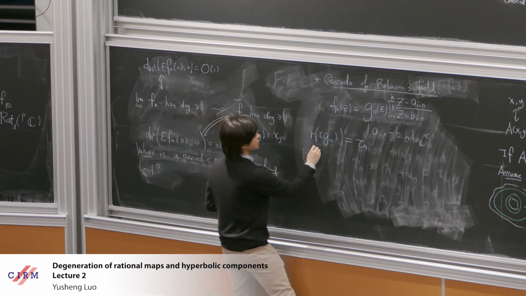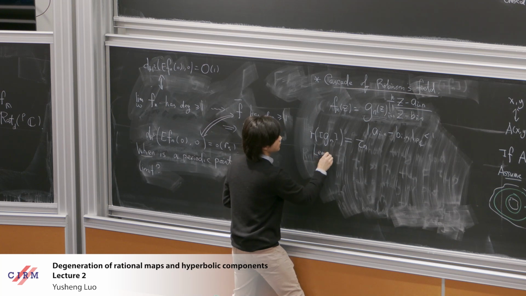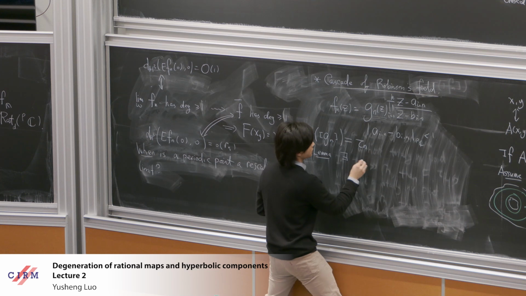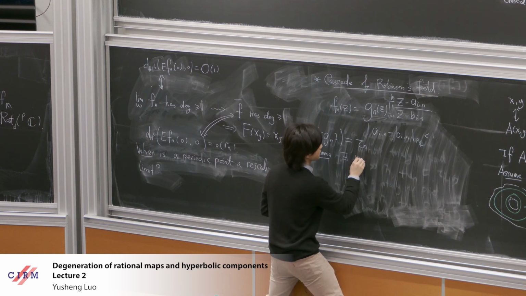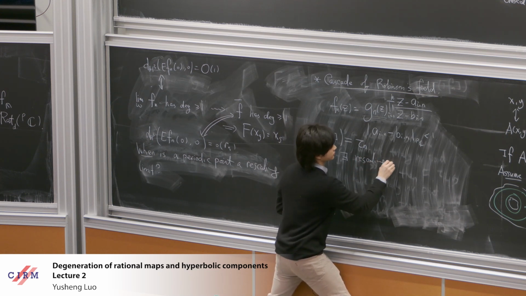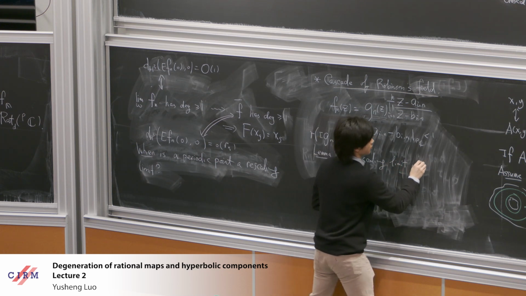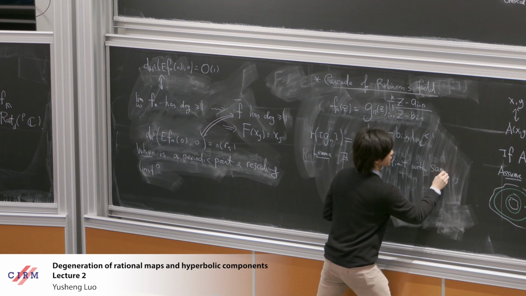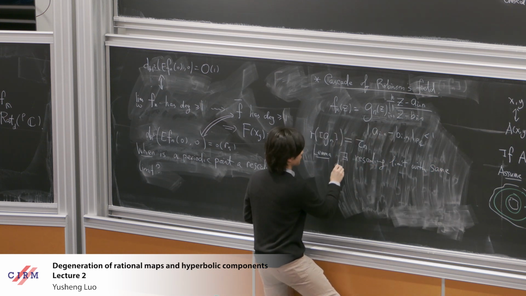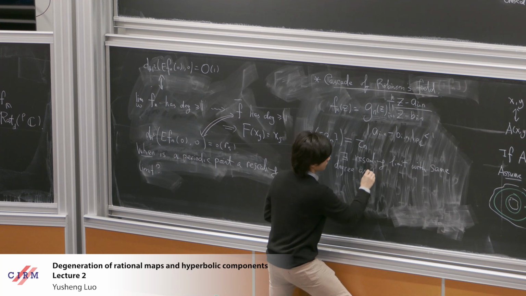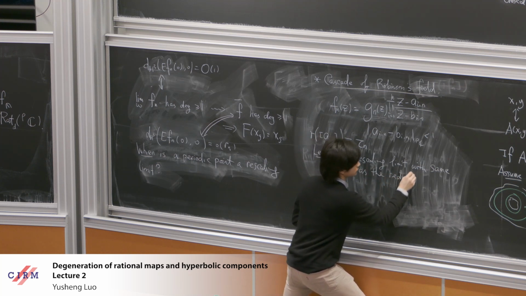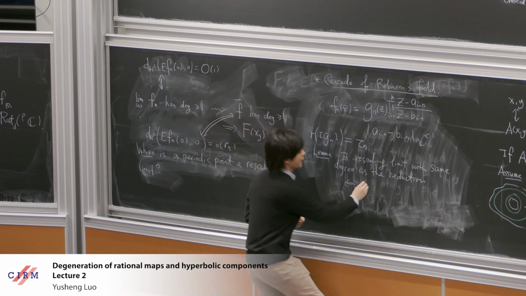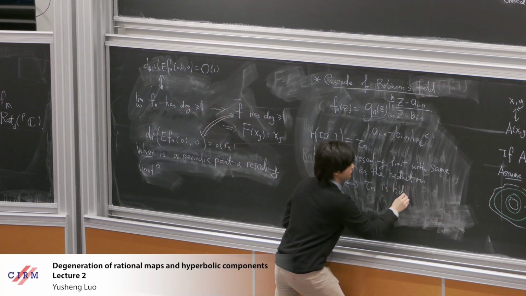So here is a really simple observation: there exists a rescaling limit with the same degree as the reduction if and only if this tau n is bounded.